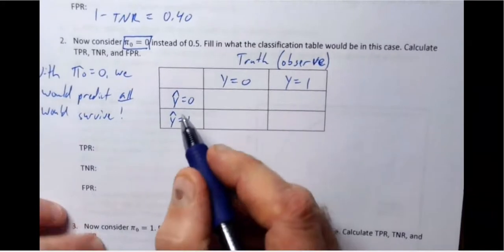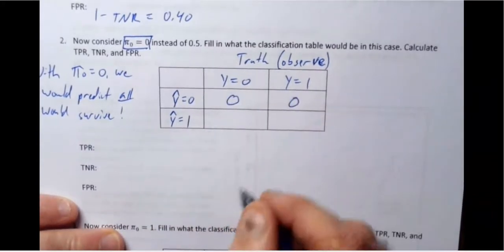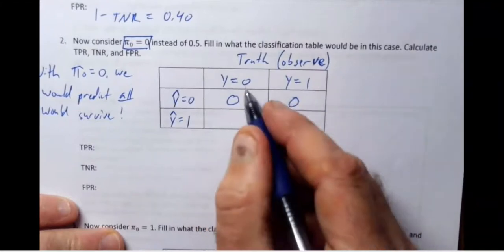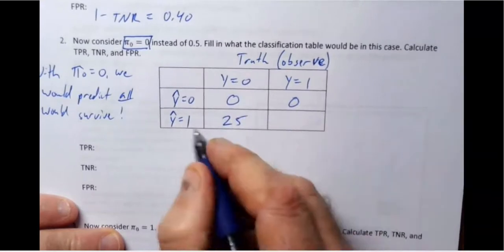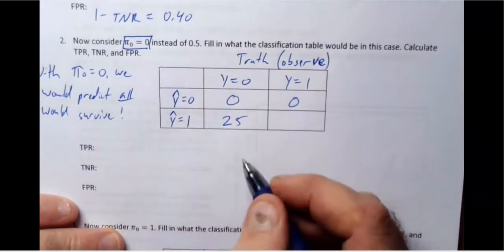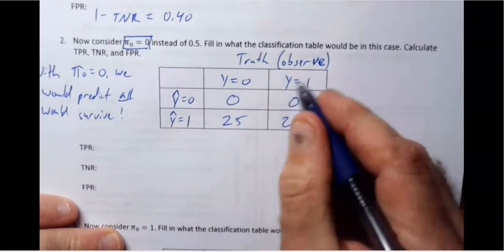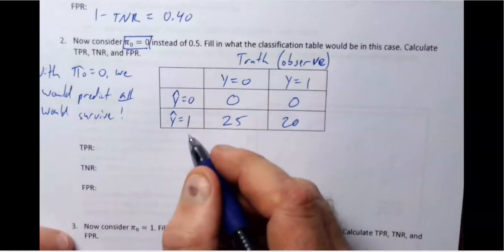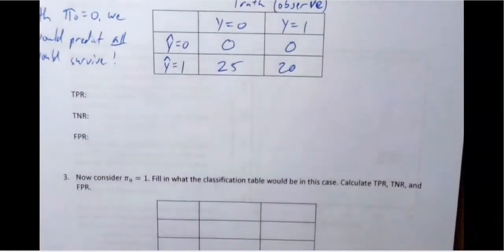That means that none of our predictions will be 0. We had 25 people in our data set who died, so 25 who actually died will be predicted to survive using this cutoff. And 20 who actually survived will be predicted to survive using this cutoff. You might wonder why we're using this silly cutoff, but you'll see in a second.